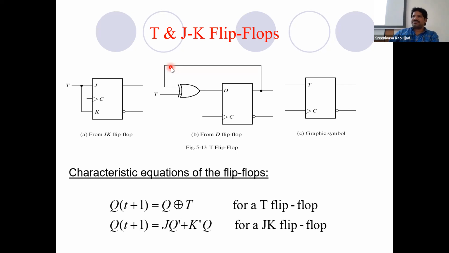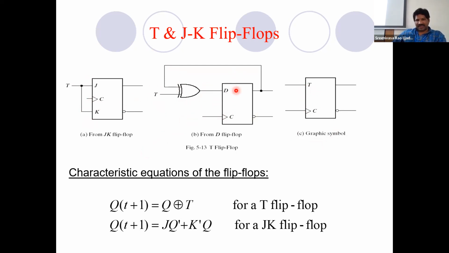Got my point? See, this is the T flip-flop. This is the T from the JK. This is the T from the D. The final T symbol is this. From the D, how can you get T?